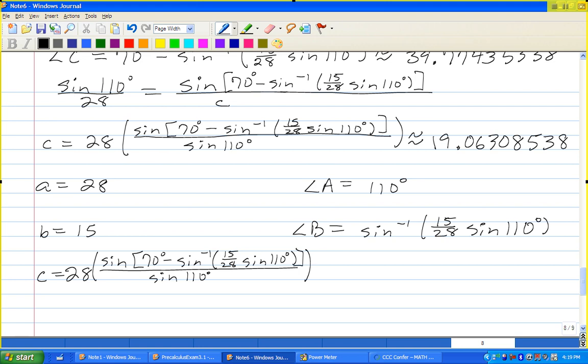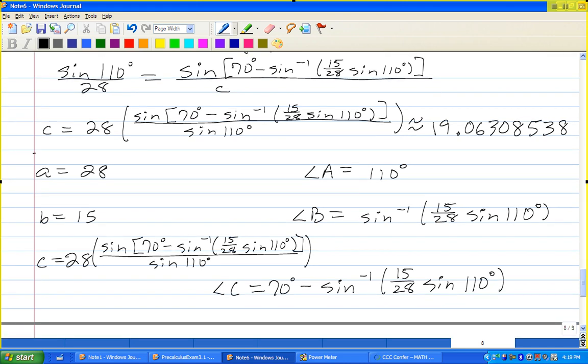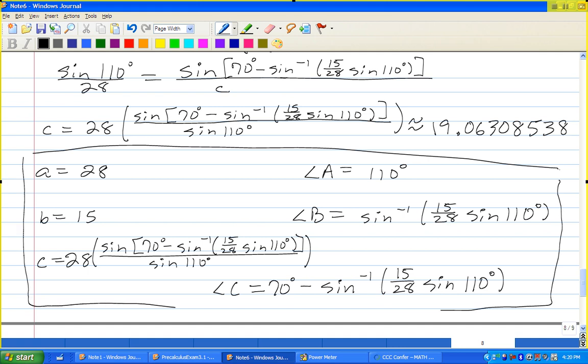And then angle C is 70 minus inverse sine of 15/28 sine of 110 degrees. Okay, so that's your triangle. Okay, good.